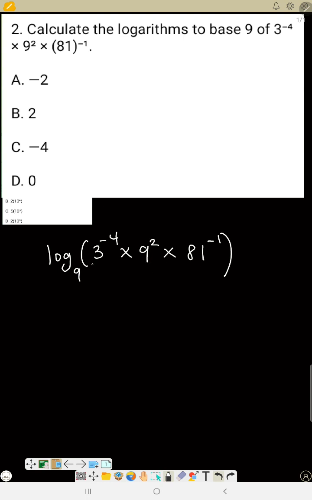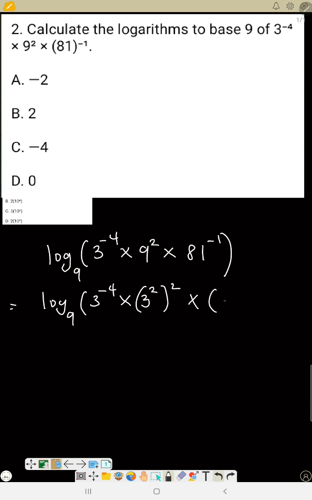We are going to use indices to split this first. So this is the same thing as log to base 9 of 3^(-4) times 9 squared. The index form of 9 is 3 raised to power 2, that is 3 times 3, 9.